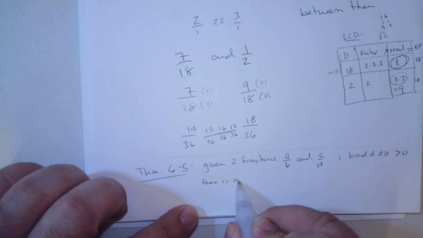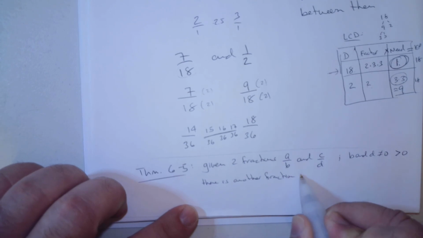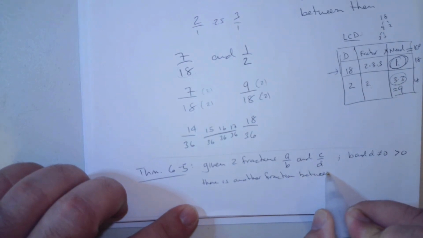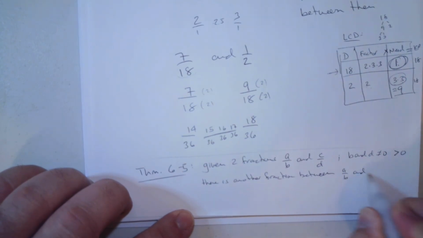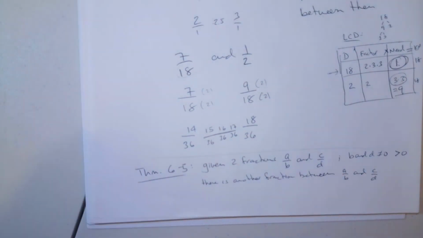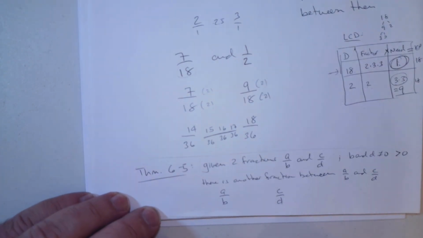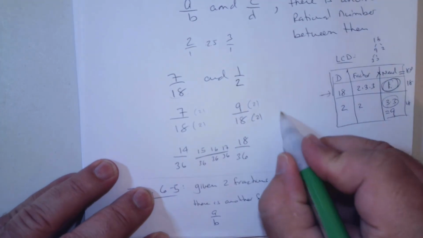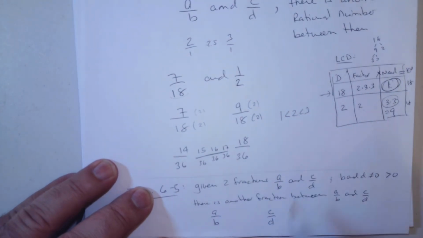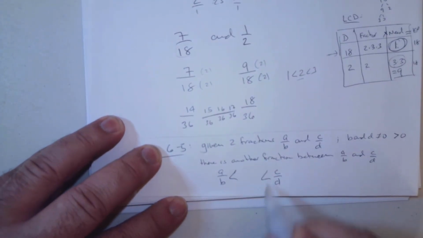There is another fraction between A over B and C over D. Because in order to be between there, like 1 is less than 2 is less than 3, if it's between two numbers, the inequality has to be true.